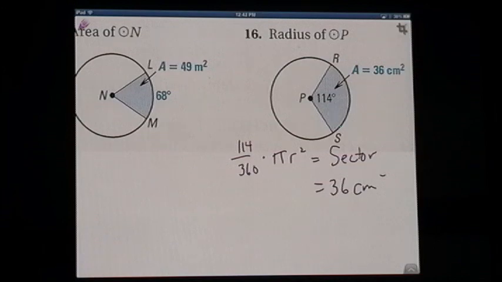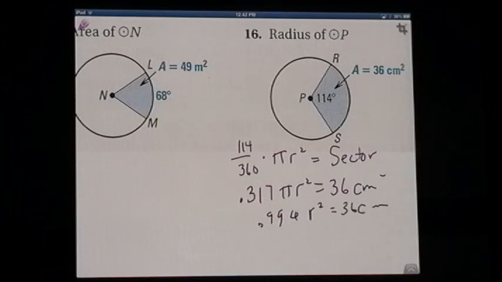And we get 0.3167, so 0.317 times pi r squared, and then we're going to go ahead and multiply times pi, and that gives us 0.994 r squared, and we're going to divide both sides. 36 divided by that, and we get approximately 36.2, which is r squared.